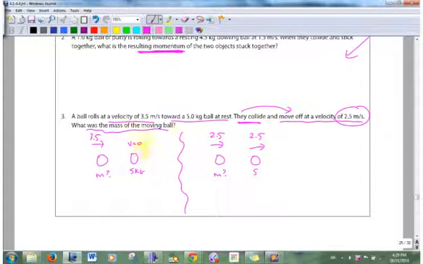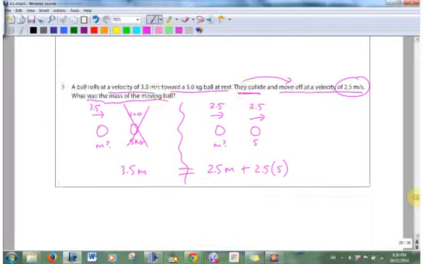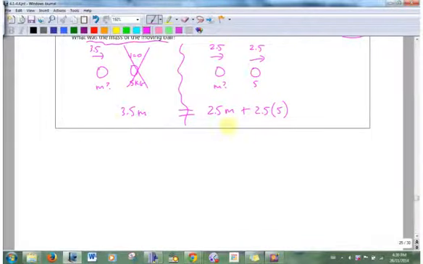Momentum before. Once again, this thing has no momentum. I know the momentum of this is 3.5 times m. Okay, mv, that's momentum, equals 2.5 m is the momentum of that one. And I have the momentum of this one, 2.5 times 5. So I got to solve this thing for m. I got m's here. I got m's here. Let's bring all the m's to the left. Subtract that.